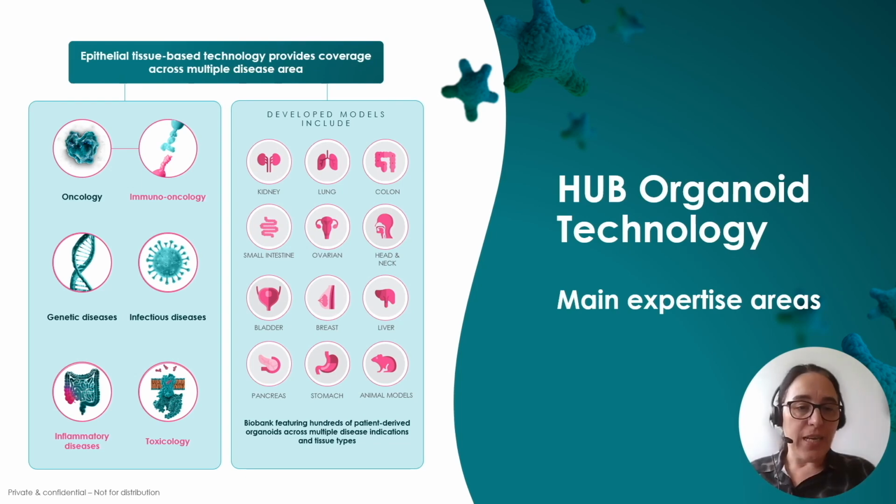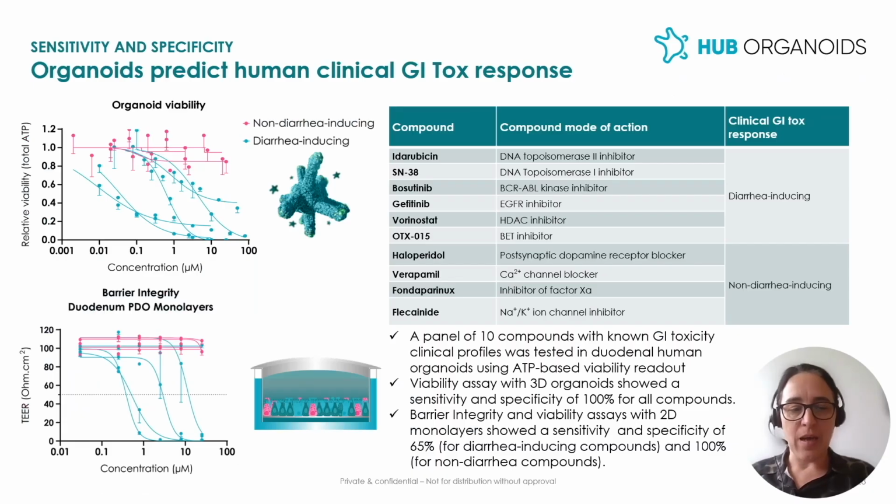And then, just to finalize the presentation, I have one or two slides to show you how we are also developing solutions from our platform for the toxicology area. They are mainly focused now on gastrointestinal toxicity.